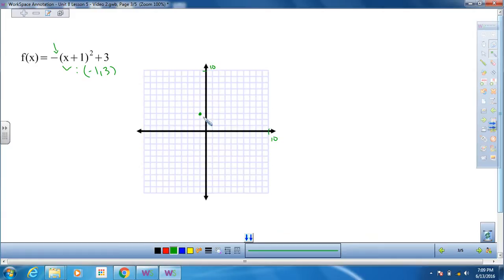I can use the pattern, but I'm just going down this time. So over 1, down 1. Back to the vertex, over 2, down 4. Back to the vertex, over 3, down 9.